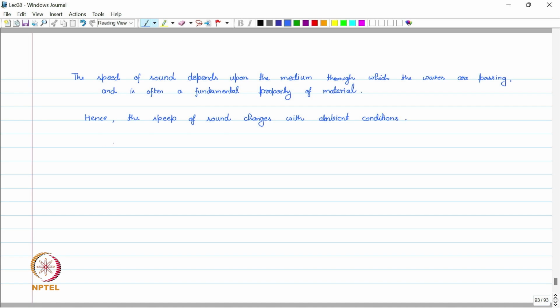So for example, the speed of sound is around 343 meter per second in air.